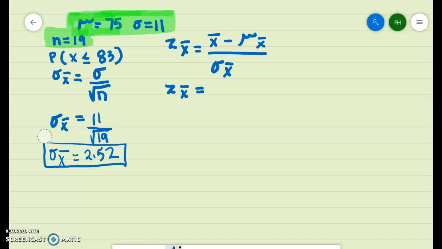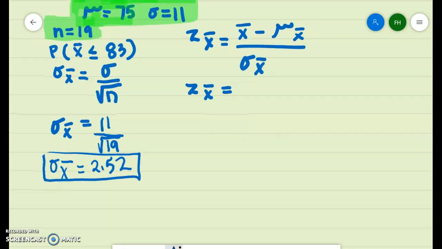Now we're going to use that information to get our z-score. So we're trying to find the probability that x bar is less than or equal to 83. So right here we're going to plug in 83.